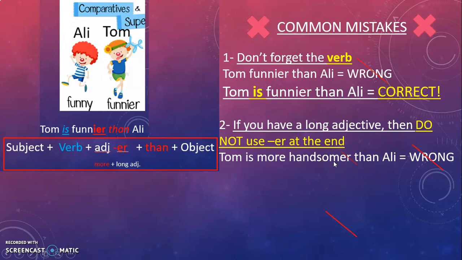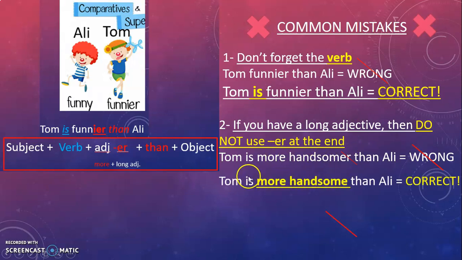Handsome, 2 syllables. So it's a long adjective. So we just need to put more before the adjective without adding ER, because we already have more before. So the correct sentence is Tom is more handsome than Ali.